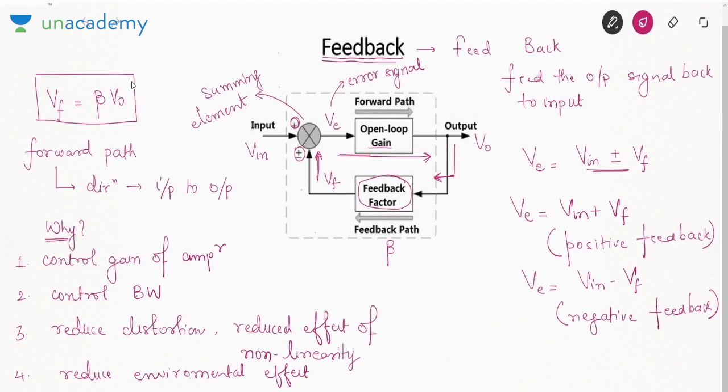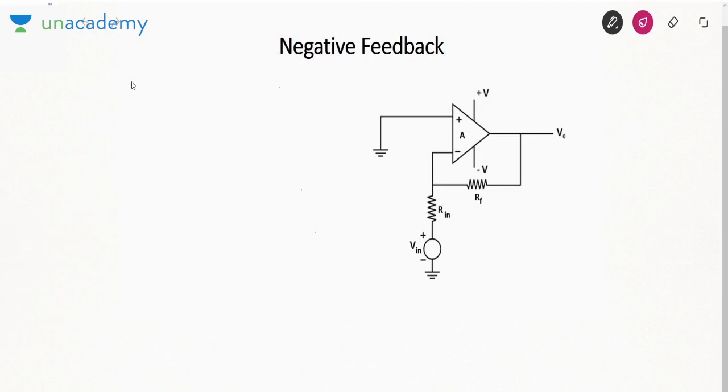Now, as I have told you, there are two natures of feedback, negative feedback and positive feedback. Negative feedback means the feedback signal should be subtracted from input signal.